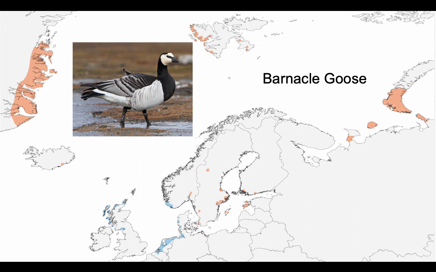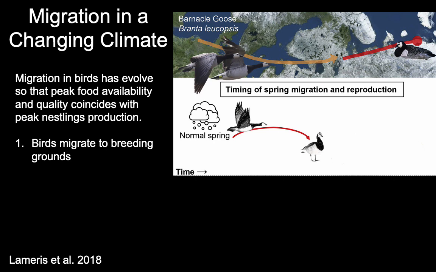They nest near the Arctic Circle, and there's also some nesting sites down here in southern Scandinavia as well, and wintering grounds here in the northern British Isles and northern coast of Central Europe, right there, just on the coast. So this is a coastal species.